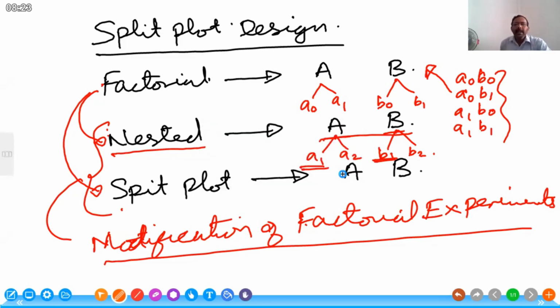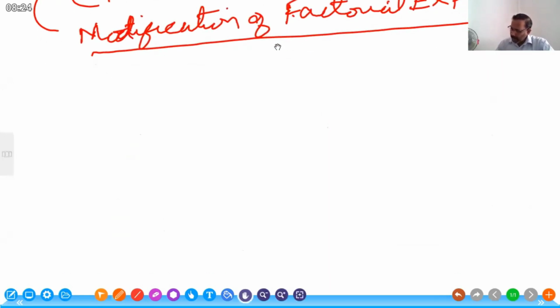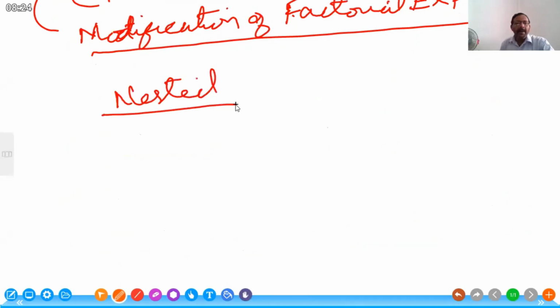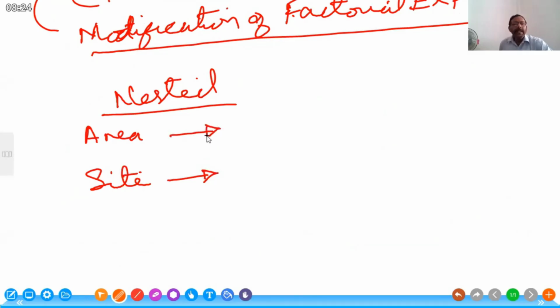Today we will see that we have seen one precision issue already. What is that? For example, in nested. In our just finished example, we said area. We said site. Right? When you test area and site, did we use the same denominator?